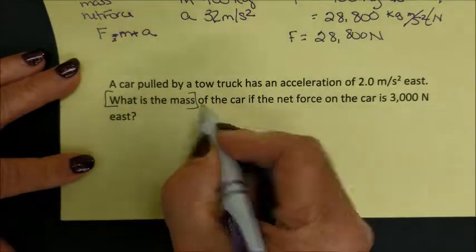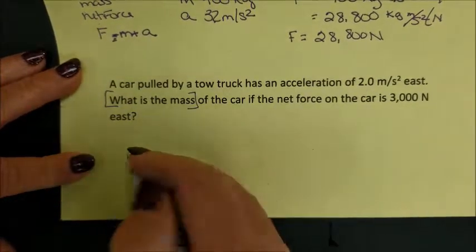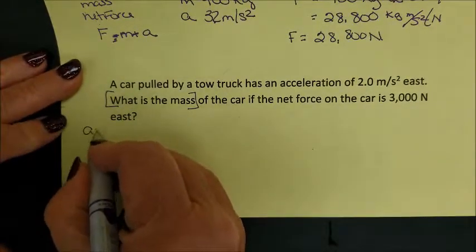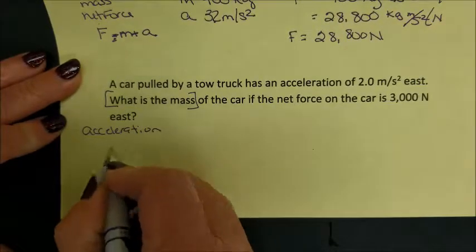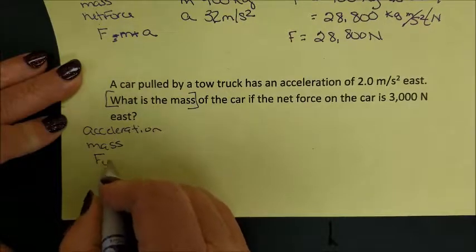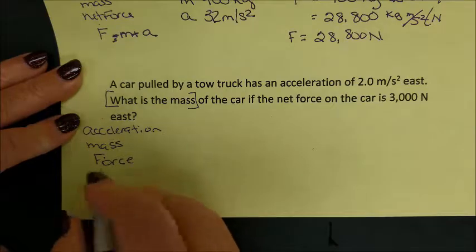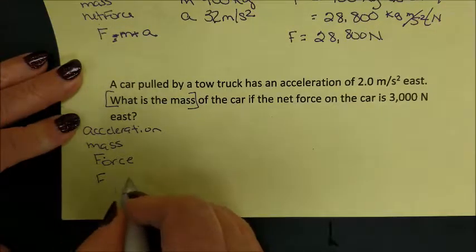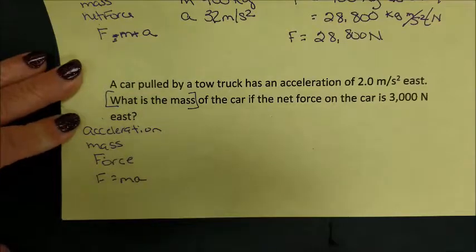So we bracket our question. And we're going to list key terms. And again, we've got acceleration, we have mass, and we have force. So knowing those three things, we know that our equation needs to be force equals mass times acceleration.